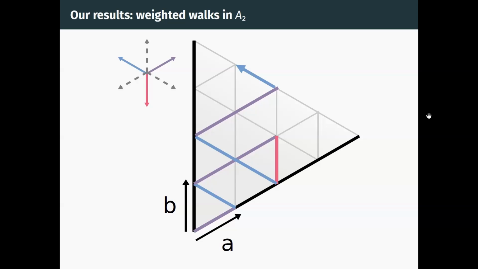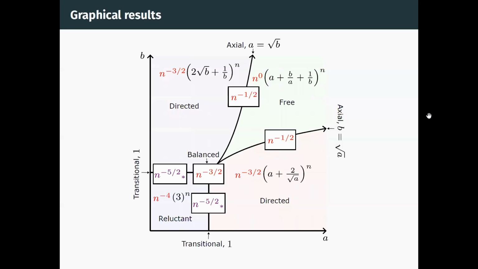Okay, and so if we're trying to just enumerate how many walks are there of length n in this cone according to those weights, then it turns out that we could get a bunch of different possible types of asymptotic formulas depending on what the weights are, but they are broken into different regions depending on the weights again.